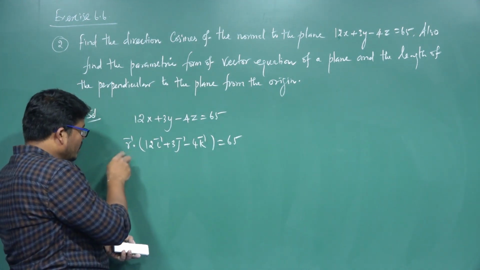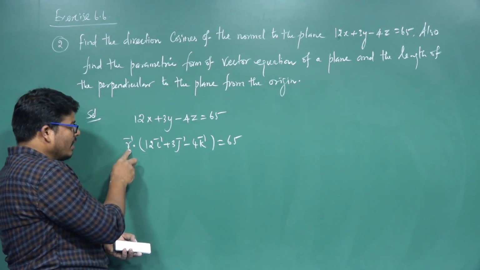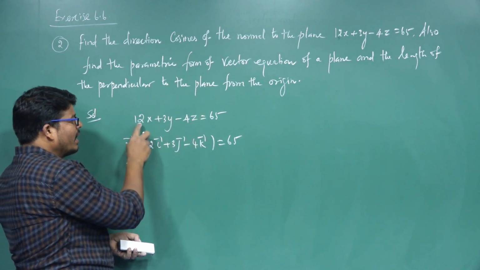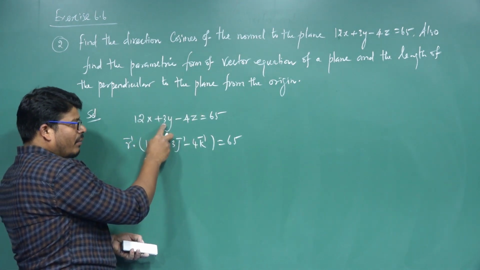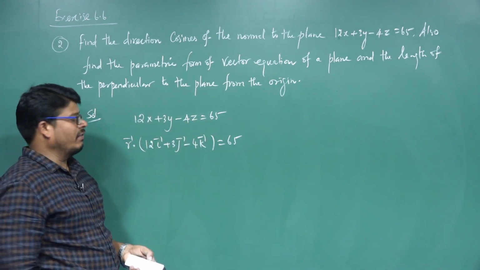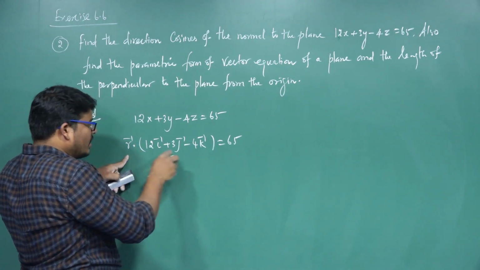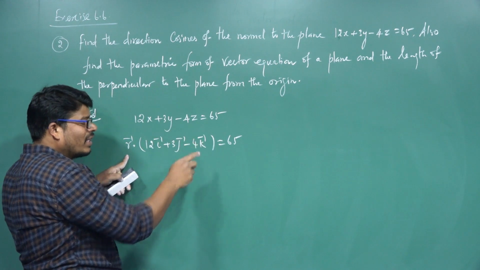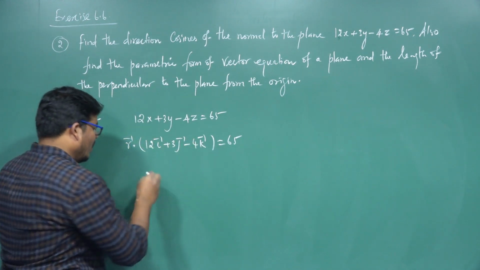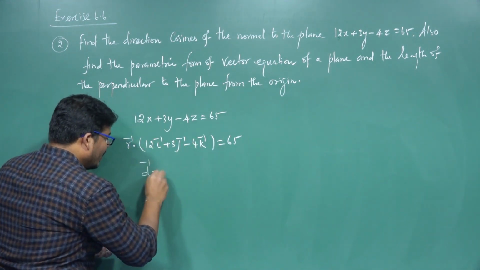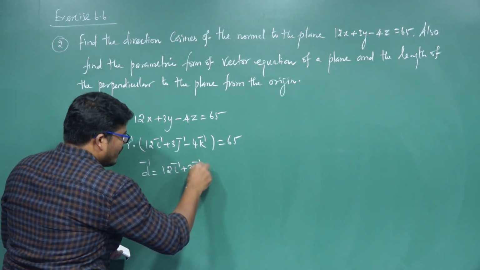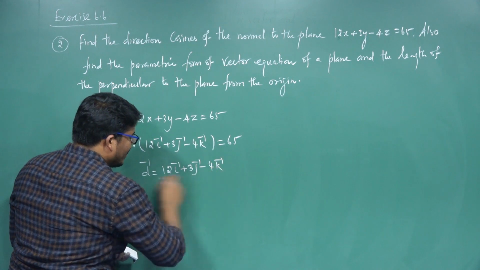Substituting and taking the dot product of the two vectors gives the plane equation 12x plus 3y minus 4z equal to 65. This vector 12i plus 3j minus 4k is the normal vector, d vector.